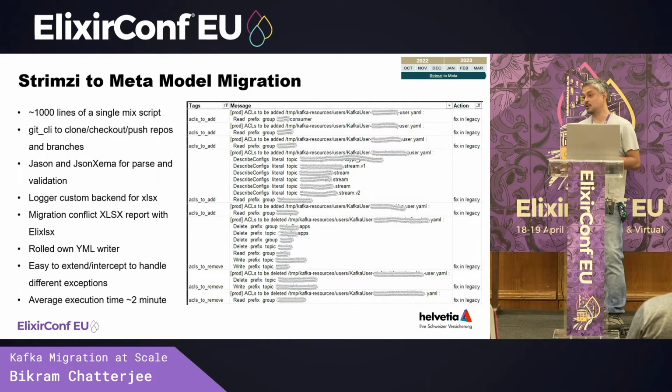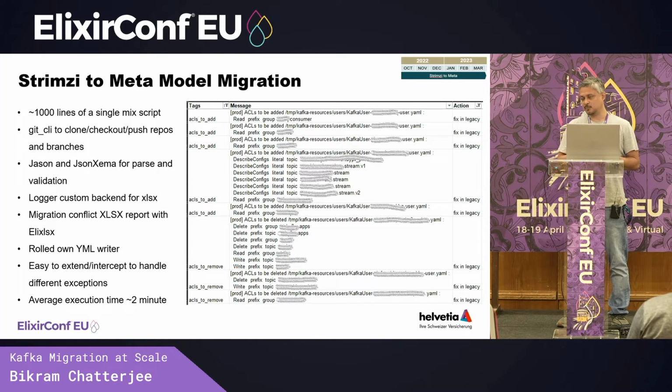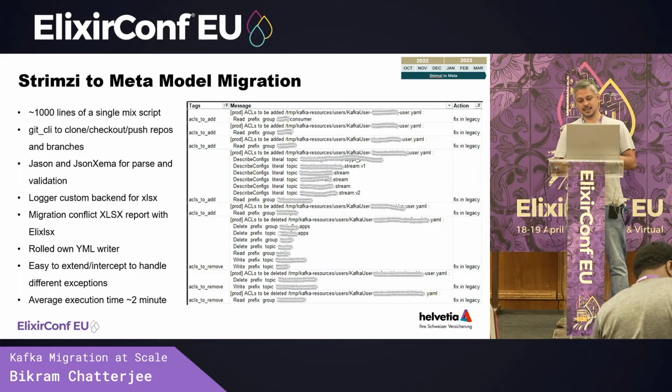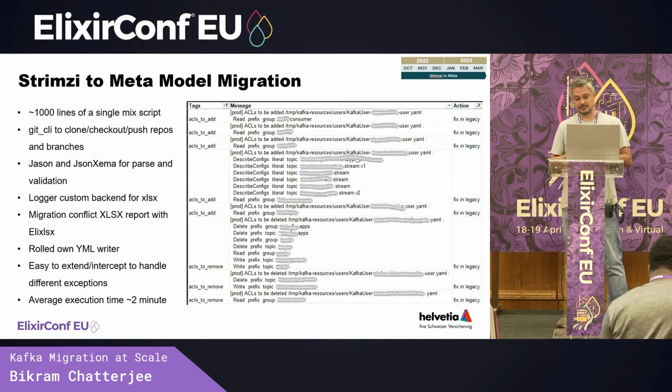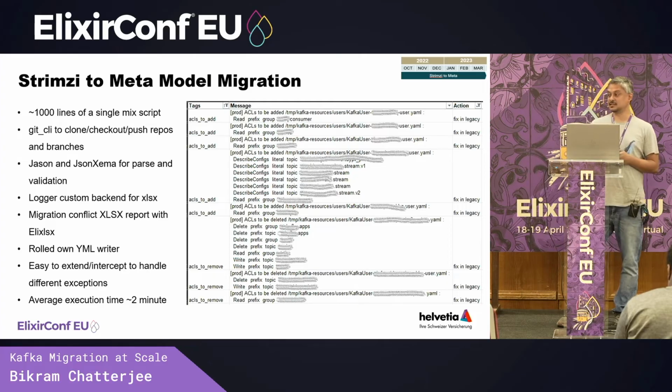We had to roll our own YAML writer because, as you know, JSON maps have unordered keys. So in order to have the meta model look nice in the file, we needed to write one of our own. The script itself was designed in a way that it was easy to extend and also to intercept and handle different exceptions. The average execution time of these scripts to migrate the whole bunch of all our Helvetia definitions was around 2 minutes.